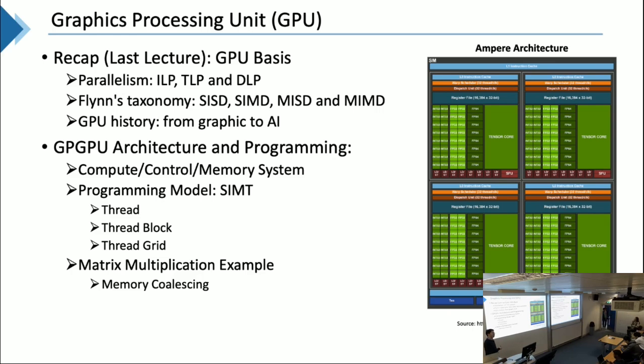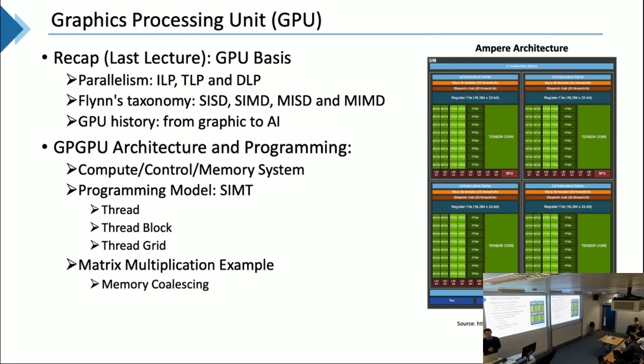Recall the early version of CPU, which follows the traditional Von Neumann machine, where we execute instructions one by one, so there is no parallelism. However, we have another architecture called VLIW, which can decode multiple instructions in parallel and issue them for parallel processing. This is one type of parallelism, ILP, instruction level parallelism.